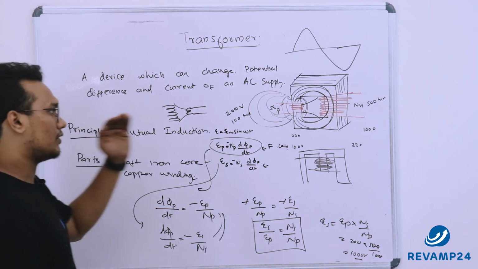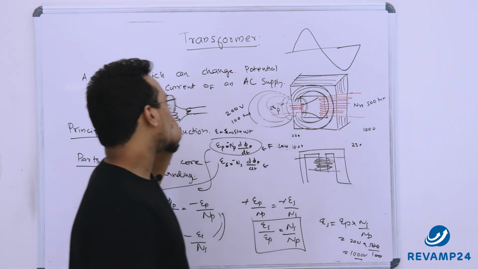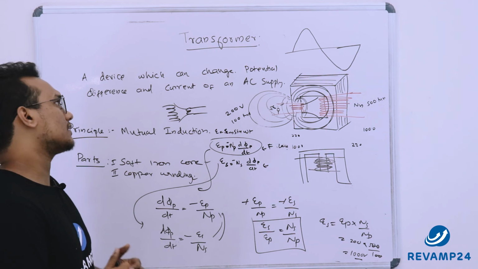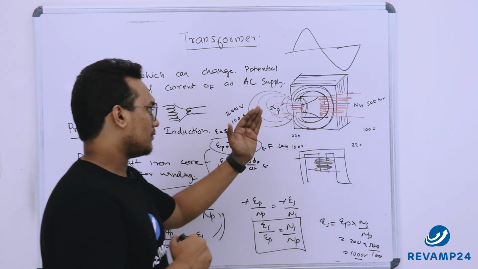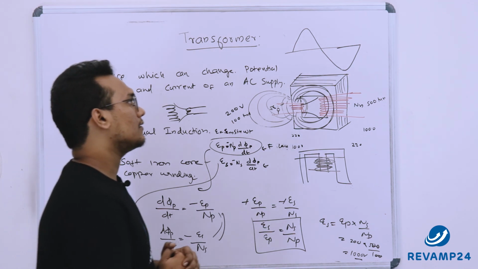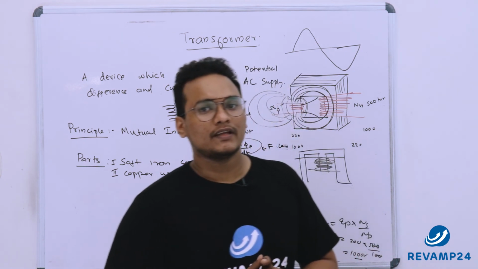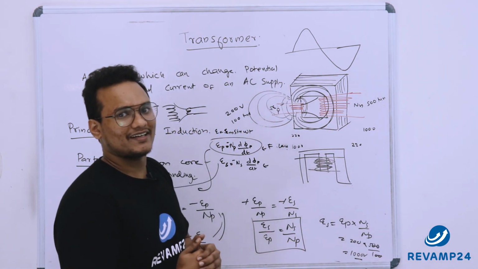Now we got to know that the voltage would be different. In the next video we will see why we are using a transformer and how this output voltage affects the total power, the efficiency and also the current of the transformer. Okay, thank you.